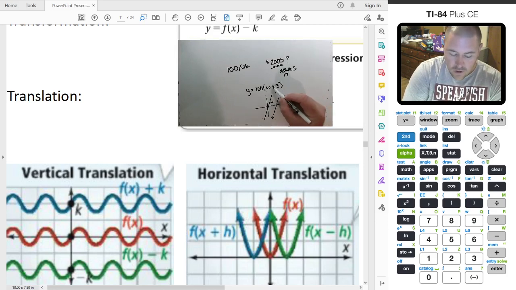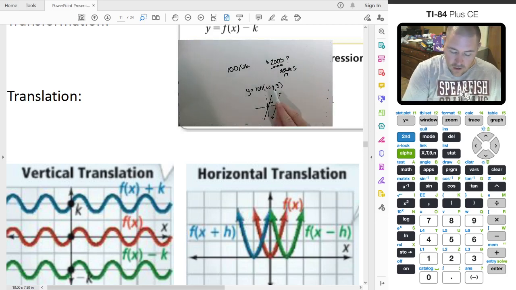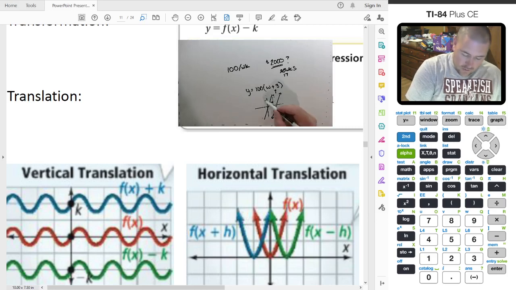So I'm going to add 3 weeks of value onto what it would have been. You notice now, if it took me this long to get this much money, I'm going to move that back. So now it's only going to take me this long to get there.